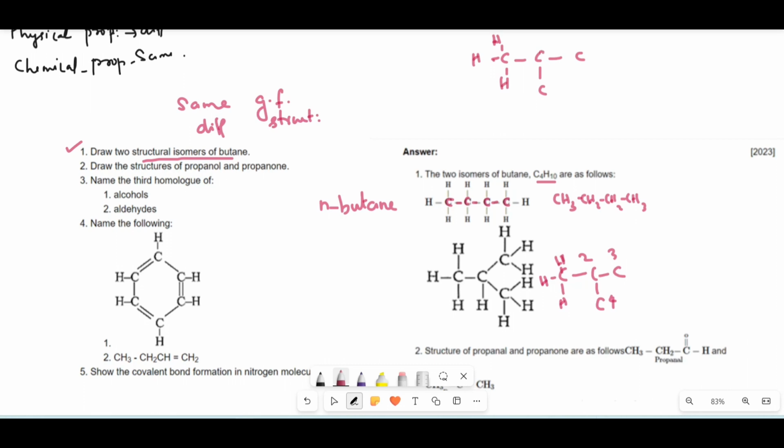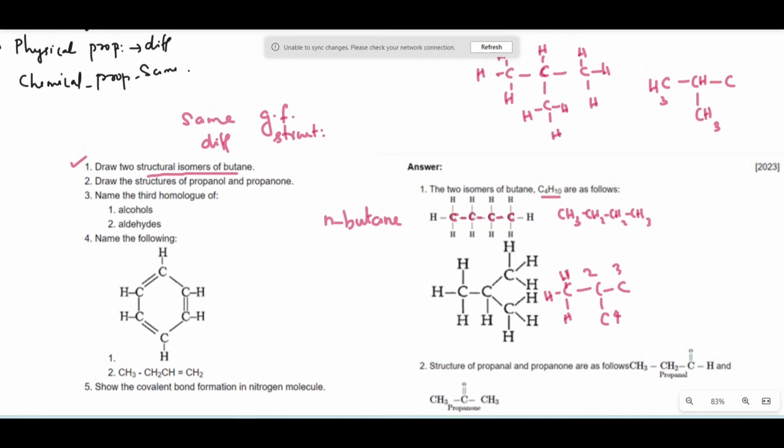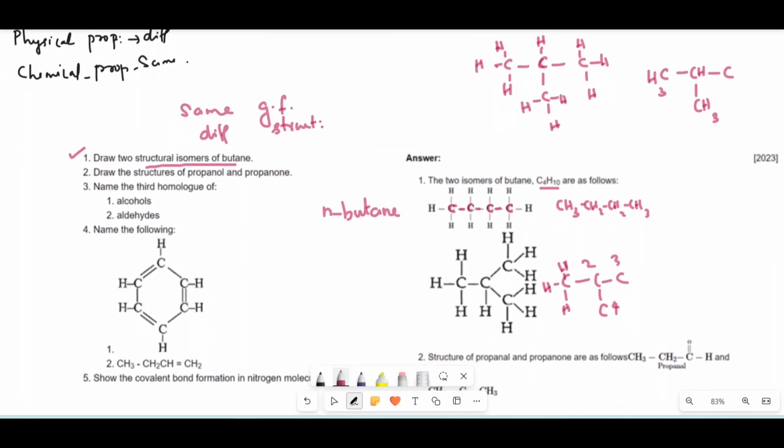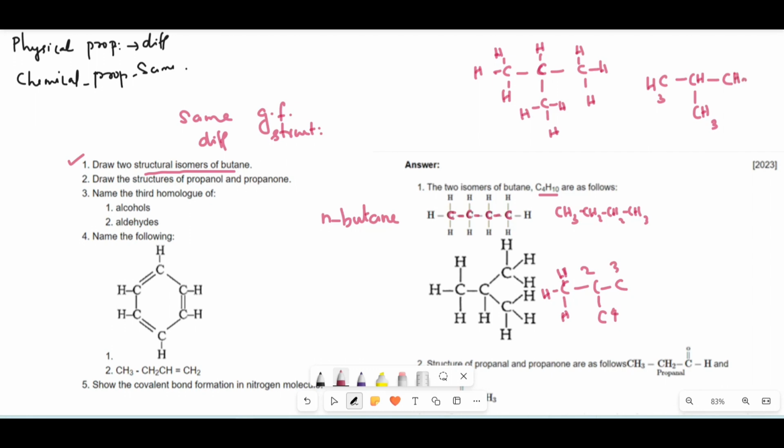When you look at the second carbon, already 3 valencies are satisfied, so for the fourth valency you add only 1 hydrogen. The third carbon has 3 hydrogen atoms, and the last carbon, which is the substituent on the second carbon, also has 3 hydrogens. CH3, CH, CH3, with the branch CH3 on the second carbon. If you condense it, it looks like this: CH3, CH, with the substitution CH3, and this one is CH3.